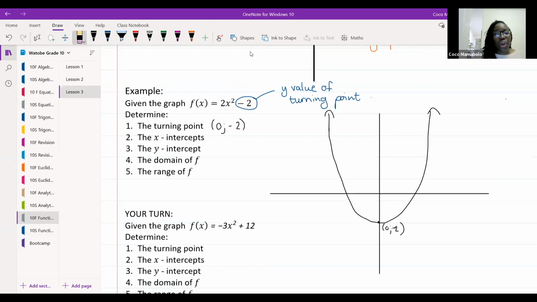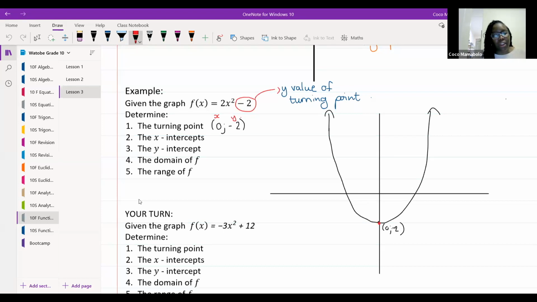This number here at the end is the y value of my turning point. Remember, my turning point is a coordinate. So my x value is 0 and my y value is -2. That means my graph turns at 0 and -2 at that point over there.